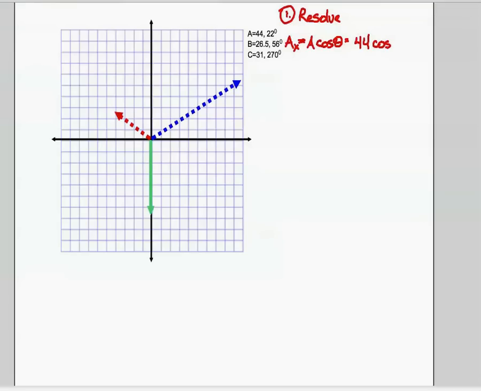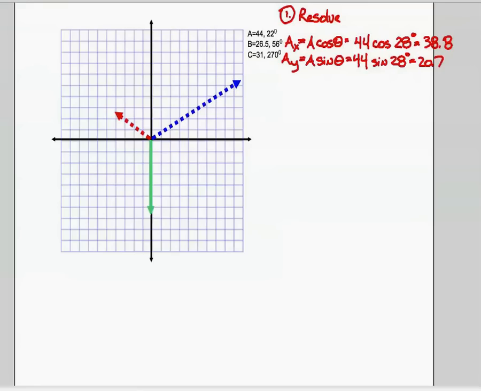And the y component of vector A is going to be A times the sine of the angle theta, so I'll multiply 44 times the sine of 28 degrees. When I run those through my calculator, I get 38.8, again no units, for my x component, and for my y component, I get 20.7 units.